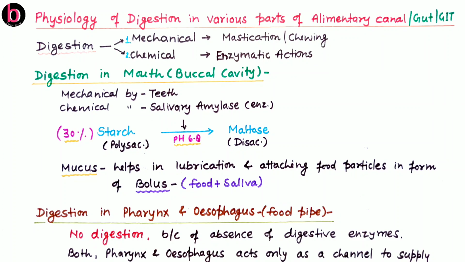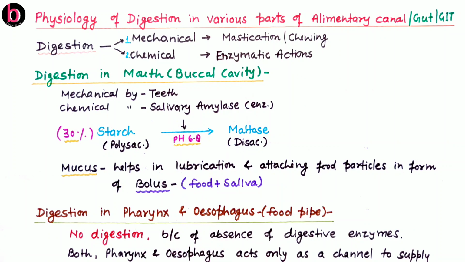Maltose is water soluble and sweet, while starch is water insoluble and tasteless. This enzymatic reaction occurs at a specific pH, that is 6.8, which is optimum for this digestive activity. In the buccal cavity 30% of the consumed starch is digested. The rest of the starch is digested in the small intestine.